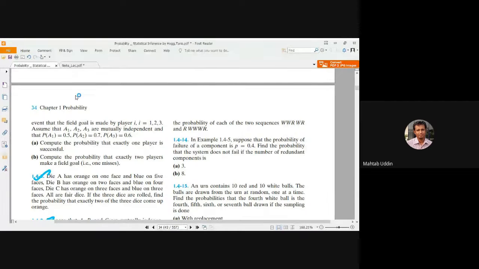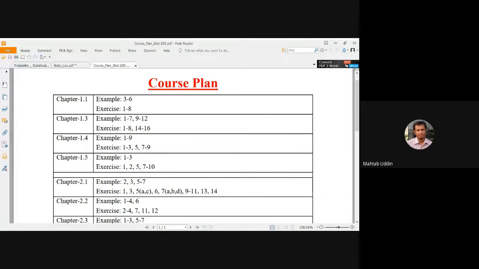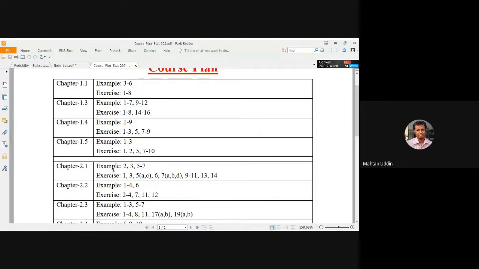From chapter 1.4: 1, 2, 3, 5, 7, 8, 9, up to 9, right? Up to 9.